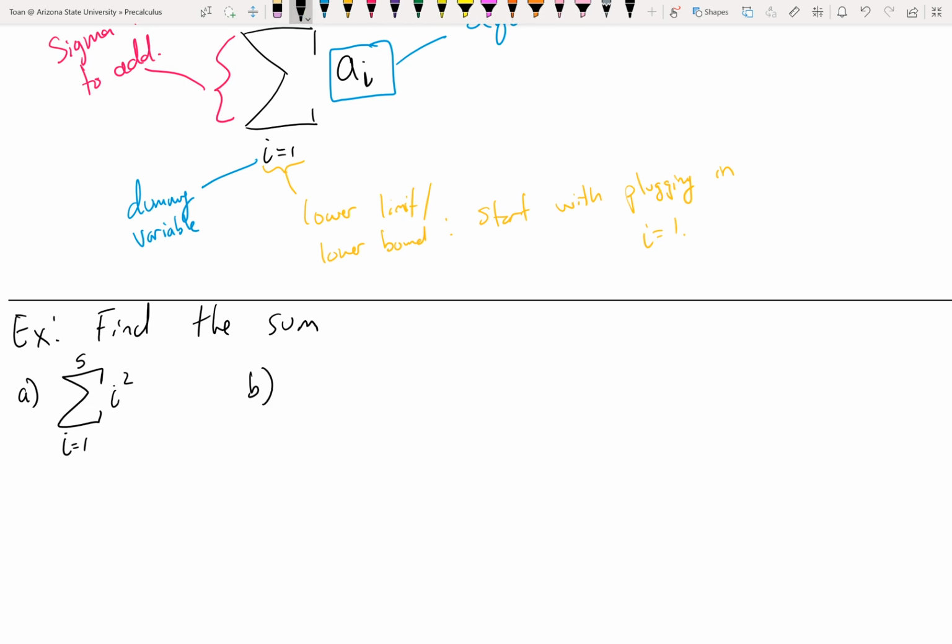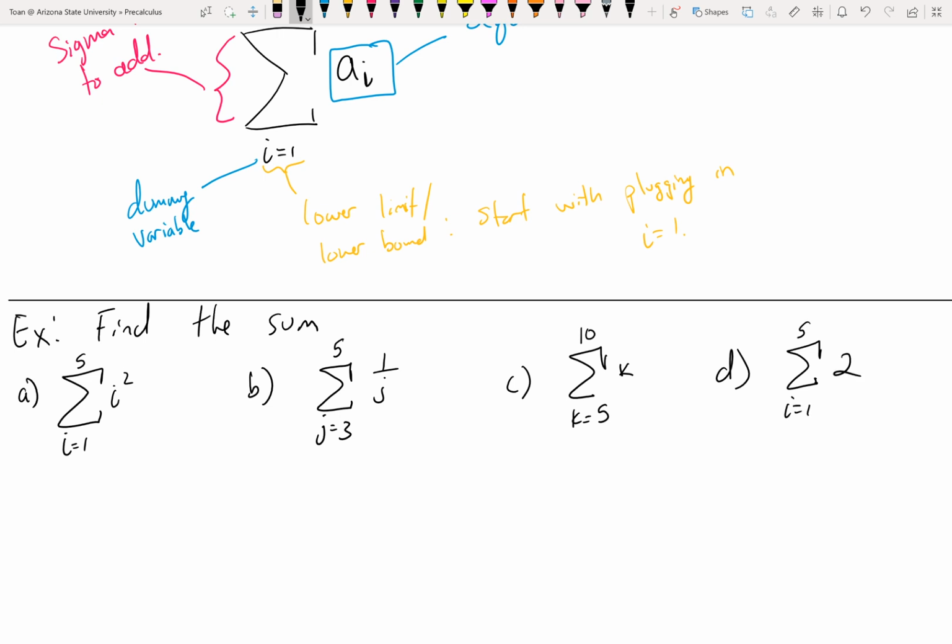Say part B, I gave you a sigma, j equals 3 to 5 of 1 over j. Letter C. Say I gave you a sigma, k equals 5 to 10 of k. Letter D, suppose I gave you a sigma, i equals 1 to 5 of, say, the number 2.